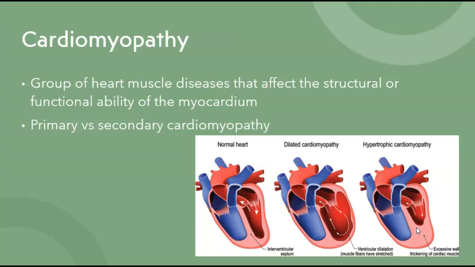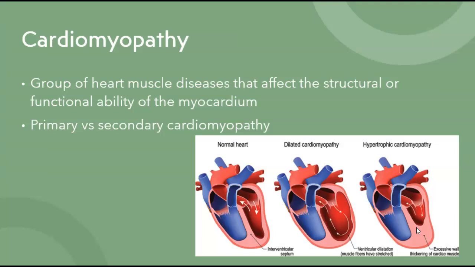Drugs can cause cardiomyopathy, radiation therapy, lupus, rheumatoid arthritis, and then also cocaine, and this is going to be referred to as crack heart. You might hear it called that, but basically when the person snorts cocaine or however they do it, it's going to cause really intense vasoconstriction of the coronary arteries and the peripheral vessels.